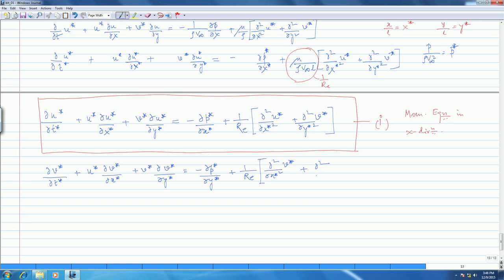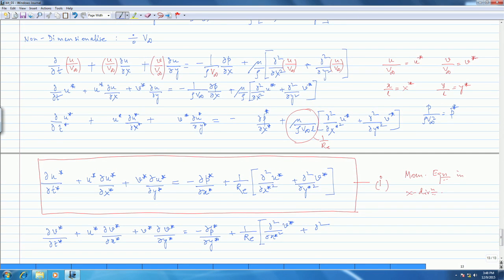I think I made a mistake here. Sorry, I wrote this term here as u by v. This is still u star, it's not v star. There's no v term here actually. Forgive me for that.